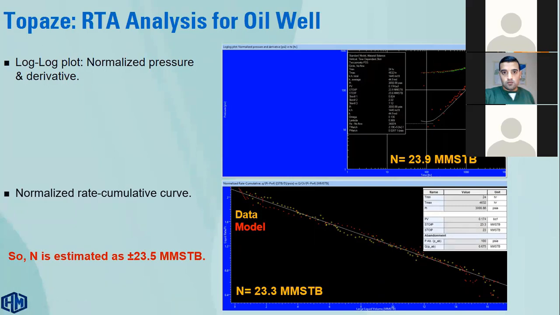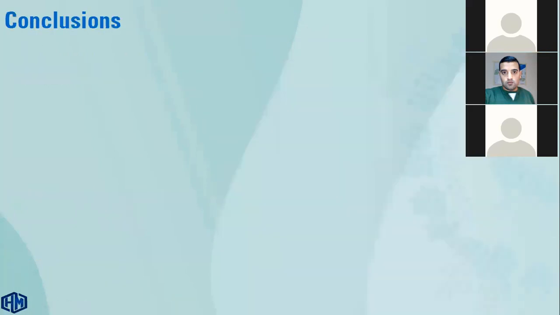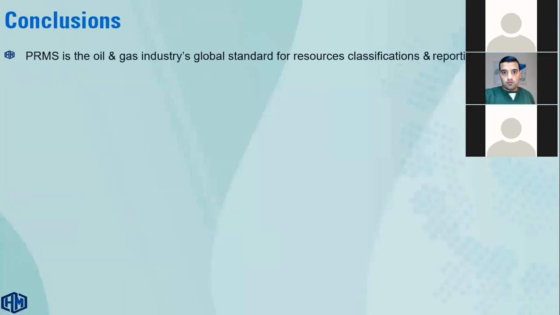So this is the last slide of this webinar. Now our conclusion for this webinar: the PRMS, or Petroleum Resources Management System, is the oil and gas industry global standard for classification and reporting.